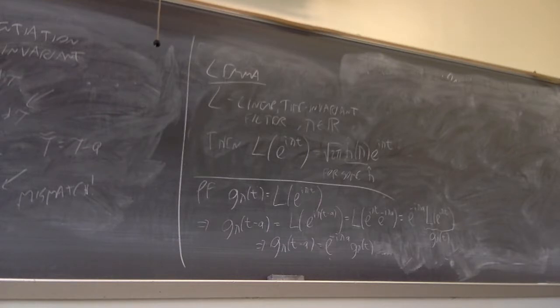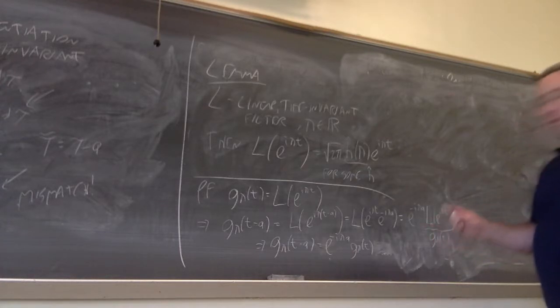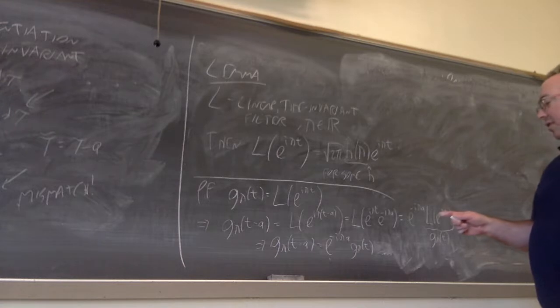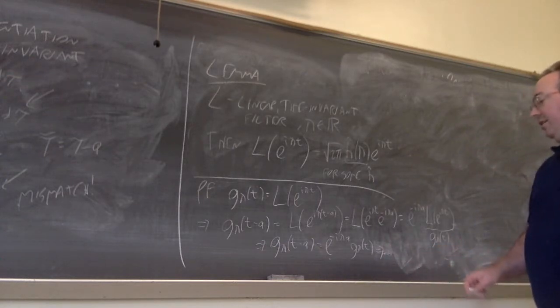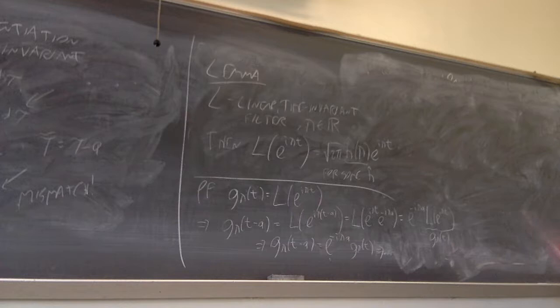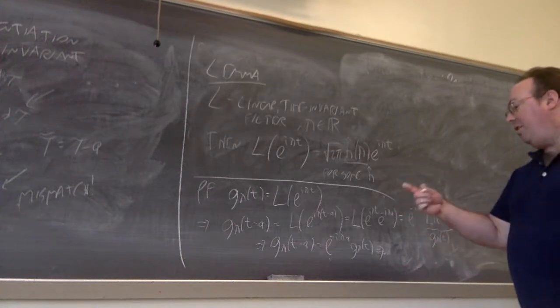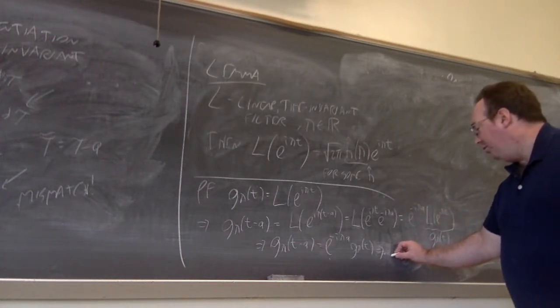Now, what I'm going to do now is I'm going to let t be equal to 0. And keep in mind, a is any real number, positive or negative. So I can replace a with minus a, and this relationship still holds true.